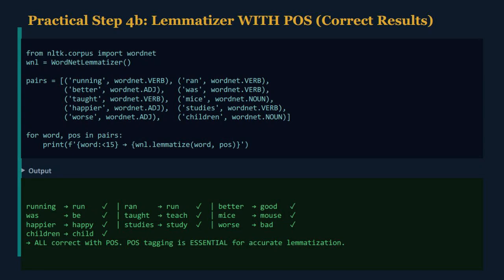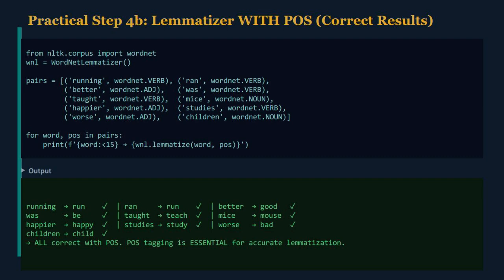Now let us provide POS tagging to get the correct lemmas. For POS tagging, run this command: running wordnet.verb, rain wordnet.verb, better wordnet.adjective, and tart wordnet.verb, mice wordnet.noun, children wordnet.noun.